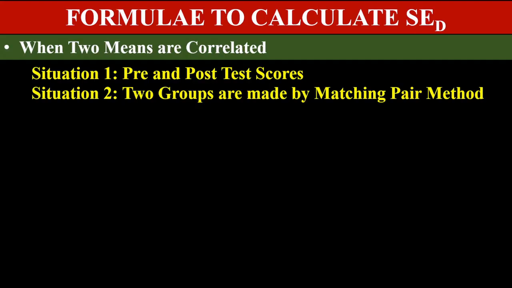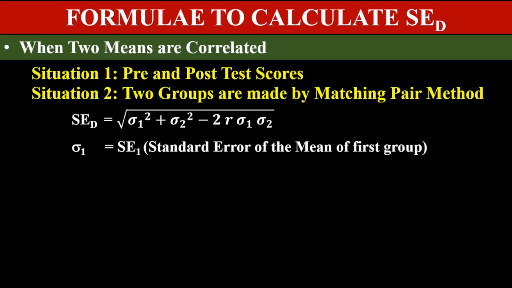In these two situations, the following formula is used to find SED. SED equals root of sigma 1 square plus sigma 2 square minus 2 into r into sigma 1 into sigma 2, where sigma 1 is SE1.